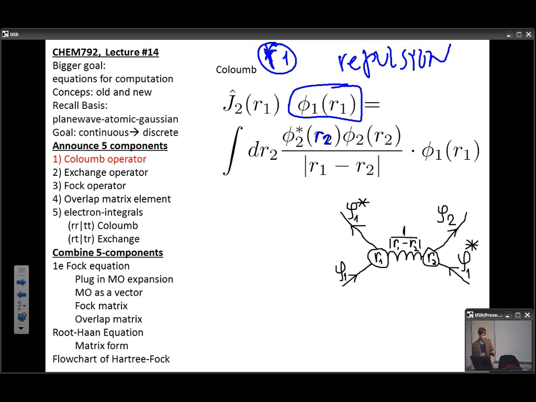So from the total energy from the multi-electron Hamiltonian, we can extract this term, which will include, let us say, the density of the rest of the electrons in space location R2.